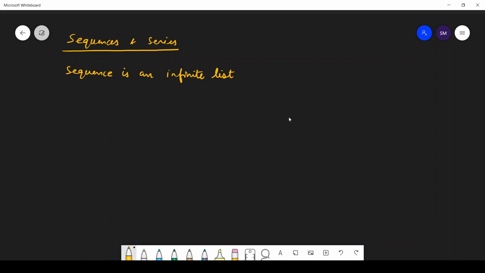So a sequence is an infinite list of numbers. It has infinite numbers. And how do we write these numbers?